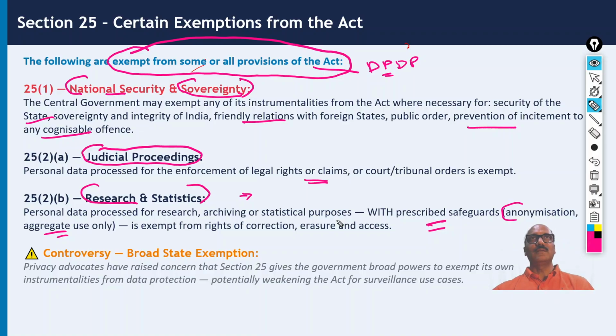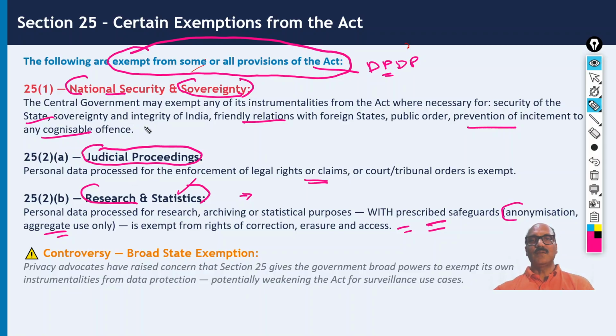They will not mention the specific information. So that is very much in compliance, right? You are not revealing the specific details or the personal information. Personal information is that which identifies a person. As long as you take care of non-identification of a person by looking at the data, that is fine. So the organizations which do this kind of research and statistical analysis, which is required for our governance, are exempted from the DPDP.